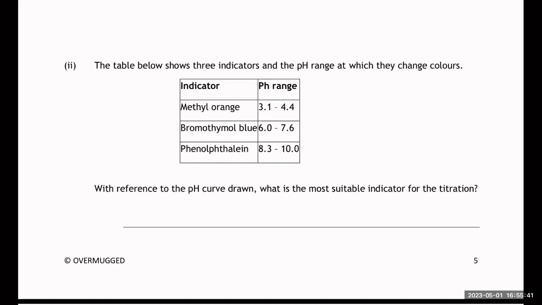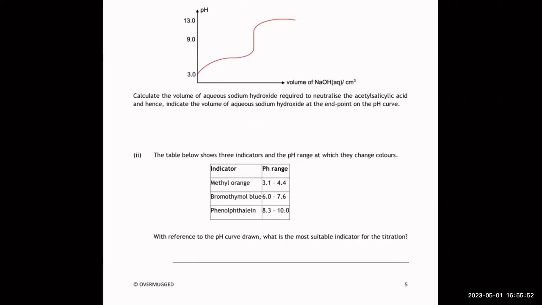So you're picking your appropriate indicator. Which one can we use for this particular reaction? So look at your endpoint. Which indicator will you choose?